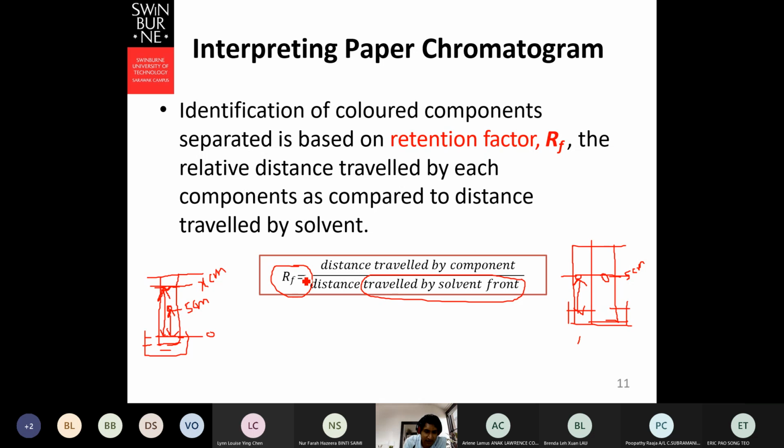So this ratio is called the retention factor, that is RF, and this RF will be required from now on. It is the important thing.